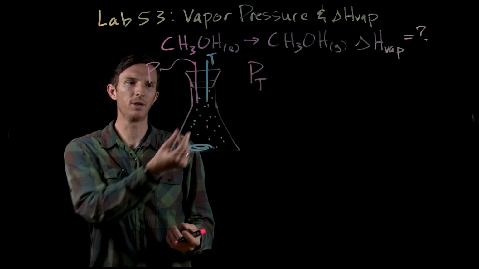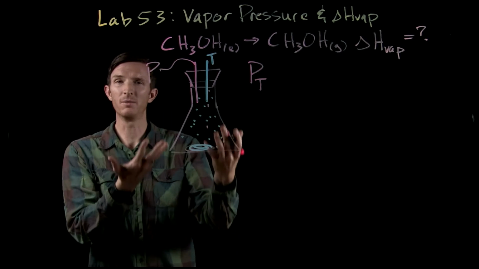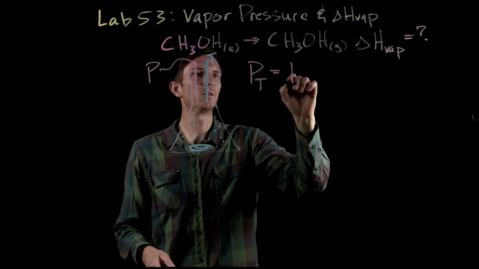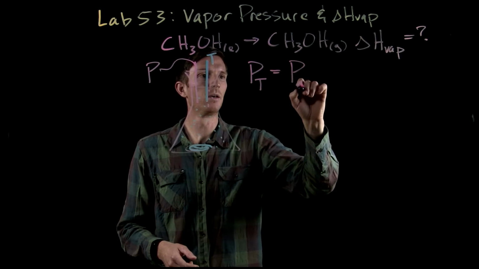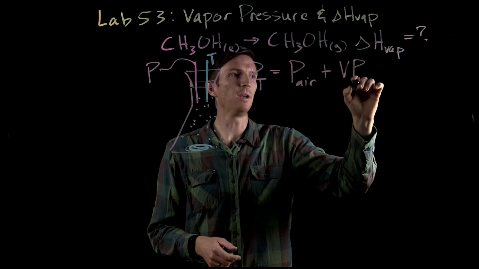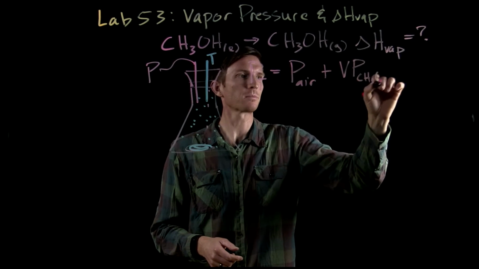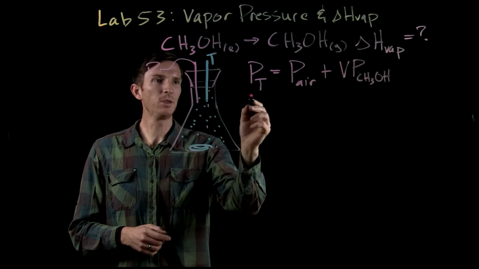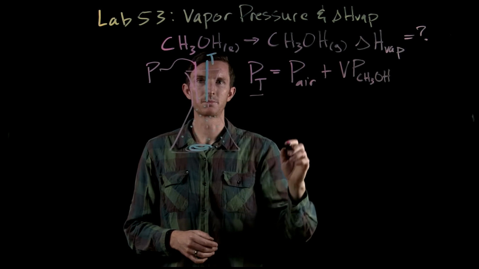We can't differentiate between our vapor pressure and the pressure of the air that was originally in there. So the total pressure is equal to the pressure that our air contributed plus the vapor pressure maybe of our methanol if we put that in there. So this piece is going to contain both of those two.